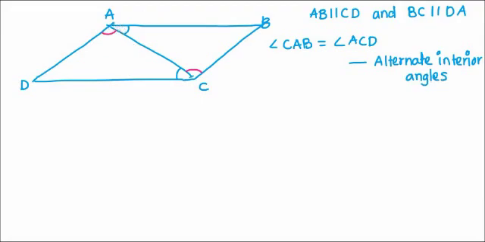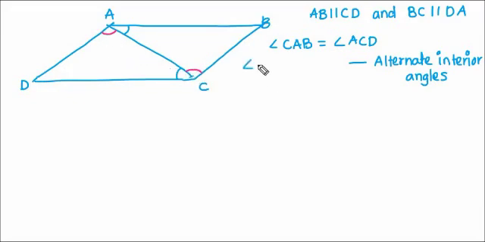If you see, AB and CD are parallel and AC is a transversal. And when we have a transversal, we know that these two angles are forming alternate interior angles, and alternate interior angles are equal. Now same way we can see AD is parallel to BC and AC is forming a transversal, and then this angle and this angle are alternate interior angles.